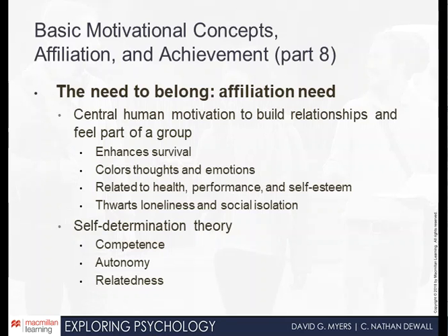So, self-determination theory states that people are driven by three basic psychological needs. We have the need for competence, autonomy, and relatedness. Competence is the ability to feel effective in what one does.